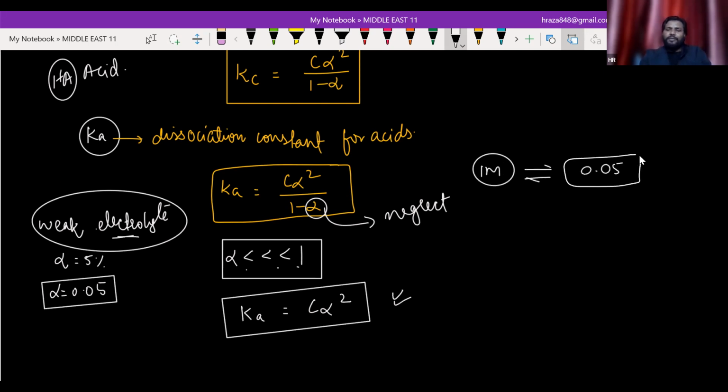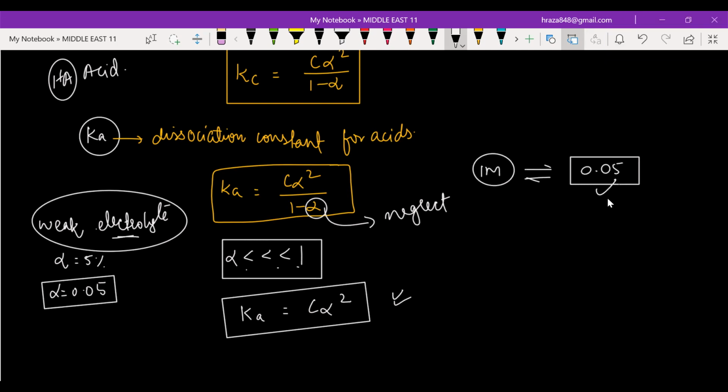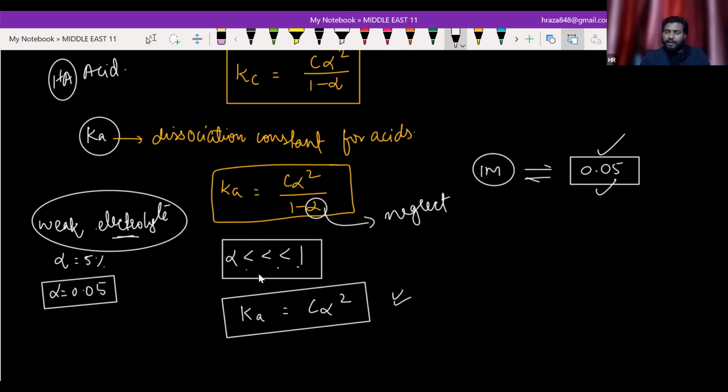That means alpha has a value less than this maximum. So alpha is very, very less than 1. If you subtract 0.005 from 1, will it affect the value of 1? The value will be very near to 1. So I just neglected alpha. Okay?